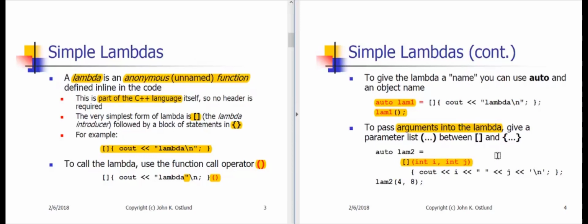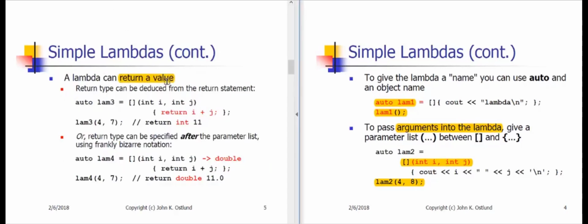Here we're specifying that lam2, the name that I've given this lambda expression, is expecting to be provided with 2 int arguments, and all lam2 will do is to display the values of those arguments separated with a space and ending with a new line. Okay, so I first define the lambda, name it lam2, and then here at the bottom of slide 4 is a call of lam2 with 4 and 8 as the 2 int arguments.